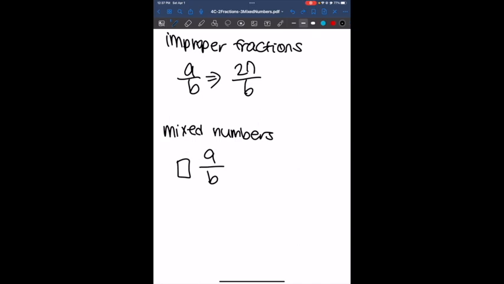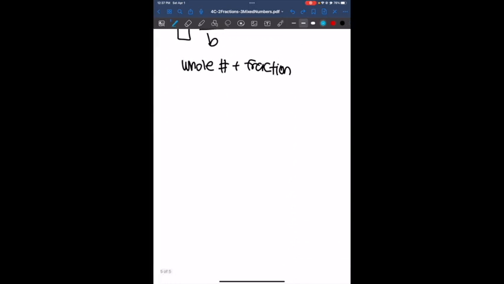So what the mixed number tells us, as the name states, it's a mix of a whole number plus a fraction. And what the mixed number tells us is that it has however many whole numbers it has. I know that sounds confusing, so I'll just write down an example.